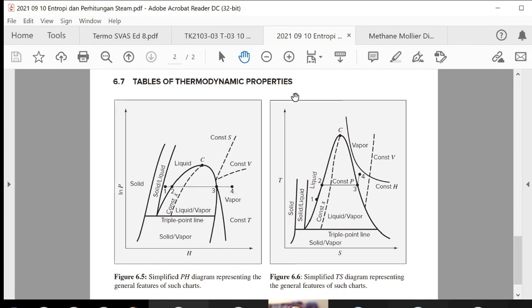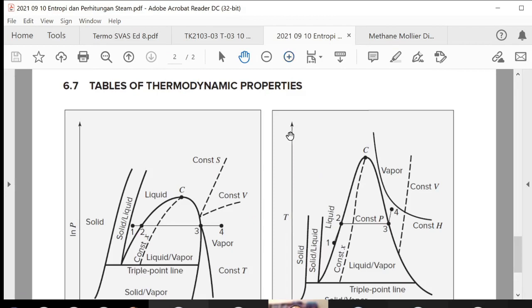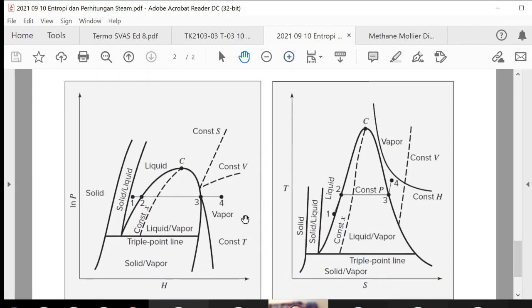Okay, let me make it bigger. Pressure versus enthalpy, we call it a Mollier diagram. Depending on the substance that we select, in this case we will use methane, and later we will use water, H2O.